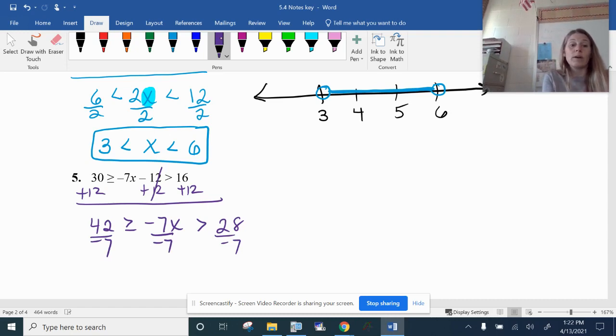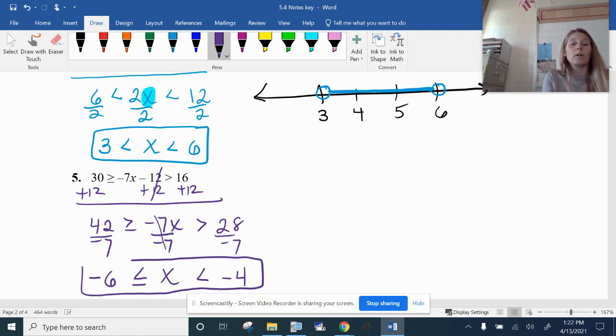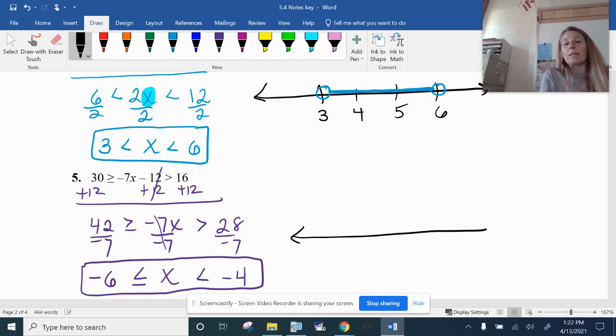So this 42 divided by negative 7 is negative 6. And in the middle, I have x. 28 divided by negative 7 is negative 4. But notice these two inequality signs are going to be reversed. And you'll notice that that worked out quite nicely because now the smaller number, which is the negative 6, is on the left.